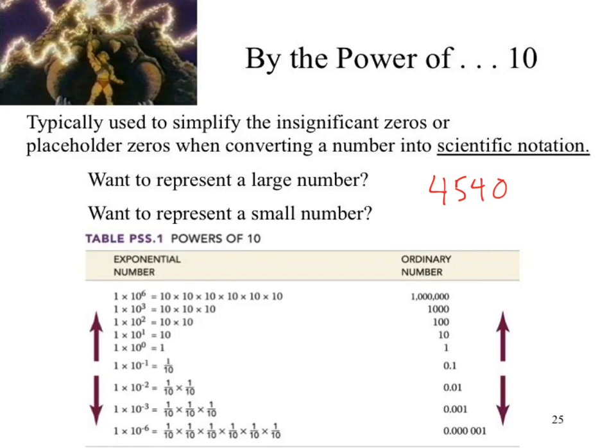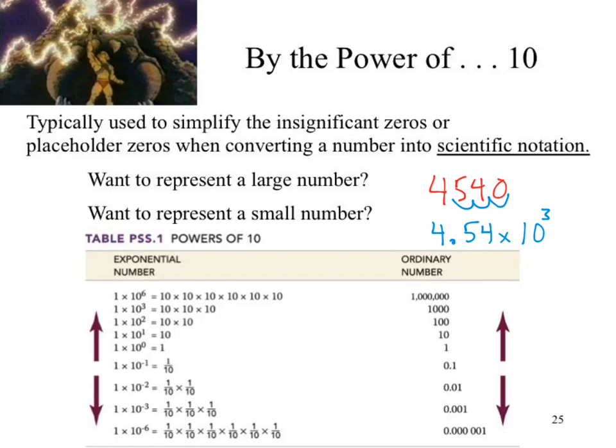So what we can do is convert this number into scientific notation. We take our implied decimal place and shift it over and come up with the number 4.54. I'm not going to show the 0, because if I include the 0 now, it becomes significant. And I can say multiply by 10 to the power of 3.